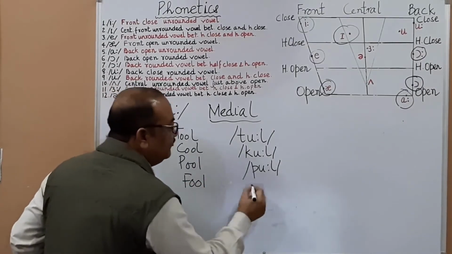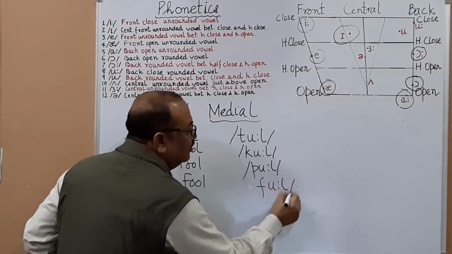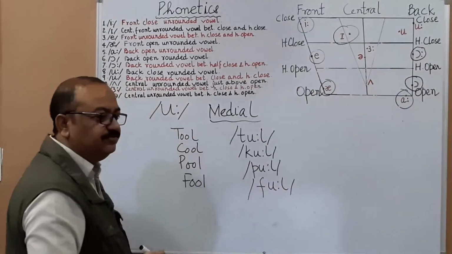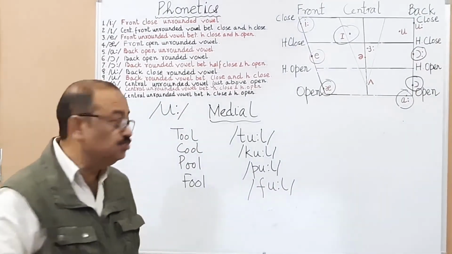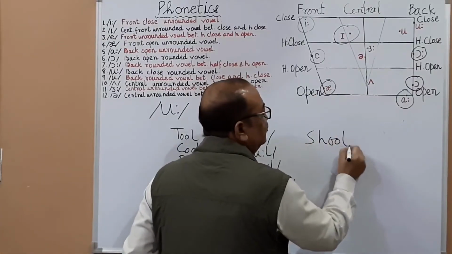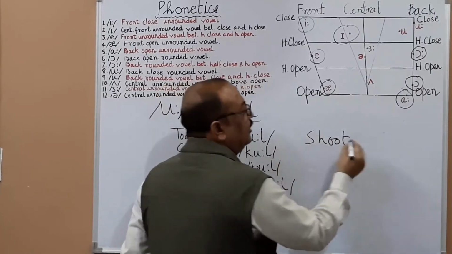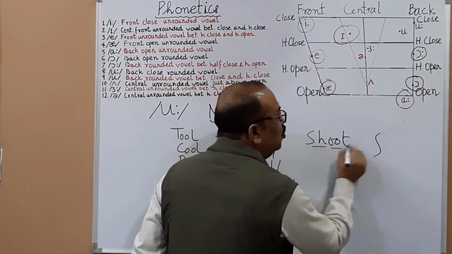So how do you write fool? You write fa, then oo, and then la. Fool. Okay, this is how you write fool. Yes. Shoot. So you write sha like this, then oo.